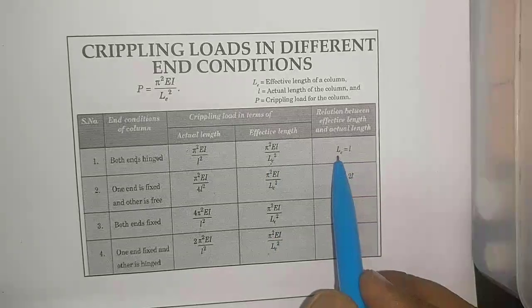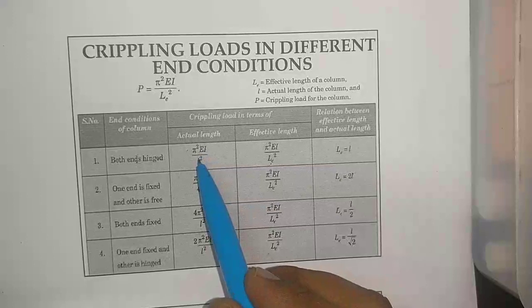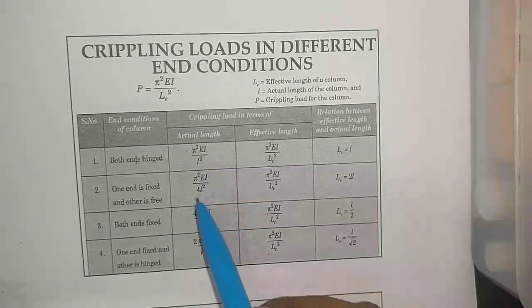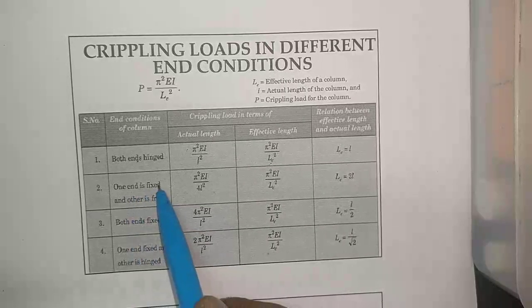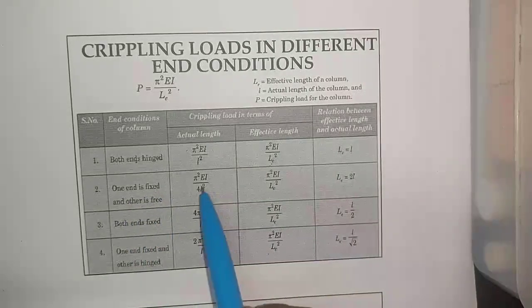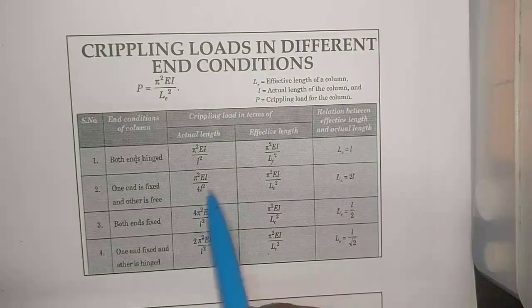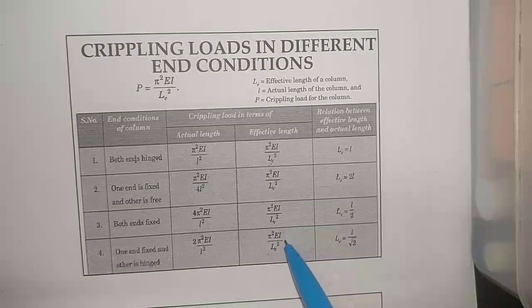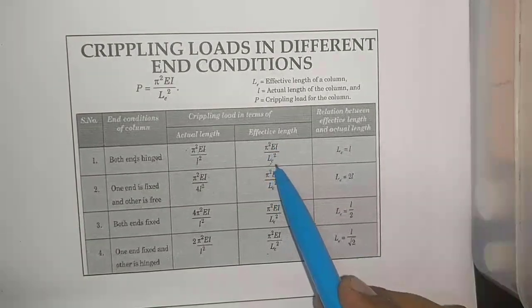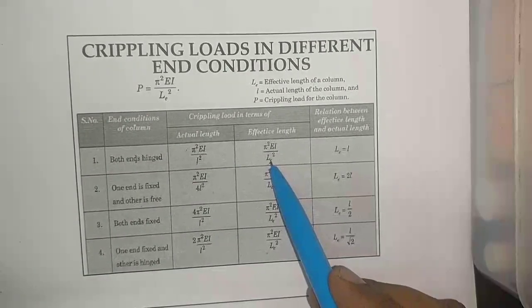Effective length LE is L for both ends hinged, and when one end is fixed and another is free, then your formula will become pi square EI by 4 L square. If you put in LE, all the equations are pi square EI by L square, when in the place of L you are putting LE.